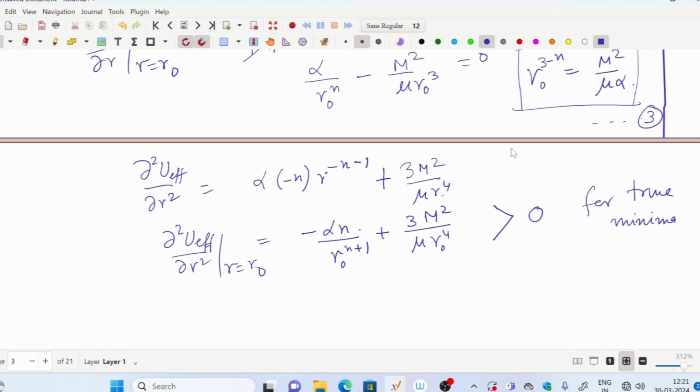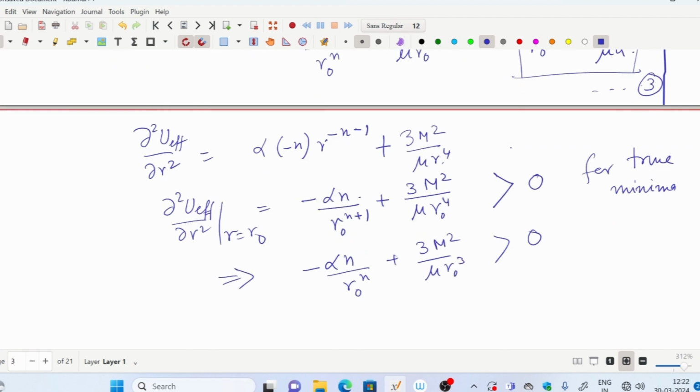So, that r0 value we have to use, but before that let me simplify this expression. Minus alpha n r0 to the power n plus 3 m square by mu r0 to the power 4 greater than 0. I am just multiplying by r0 both sides, the right hand side is 0, so there is no problem.